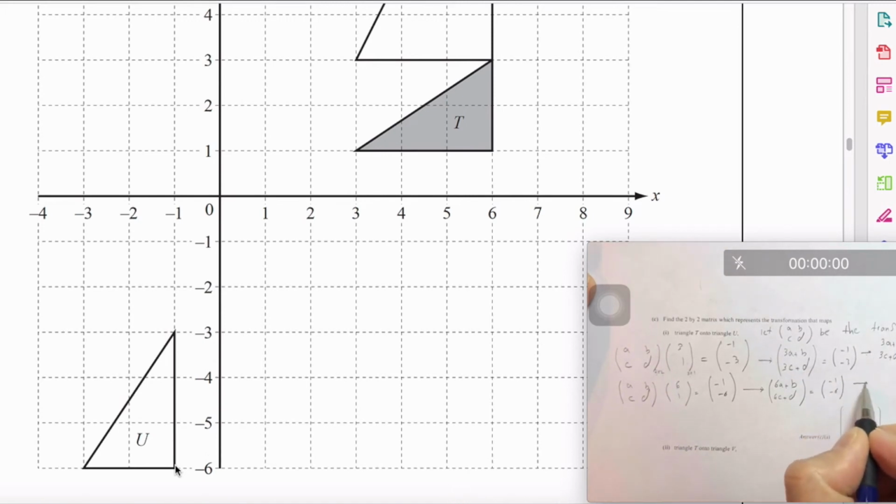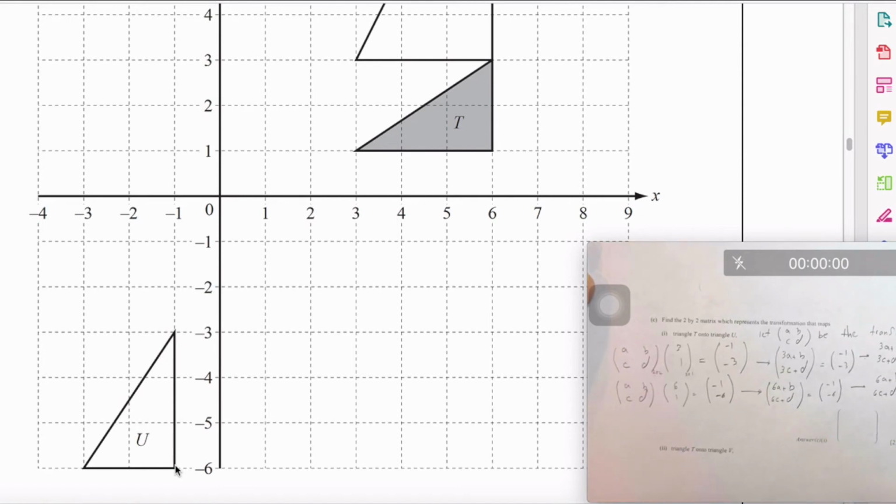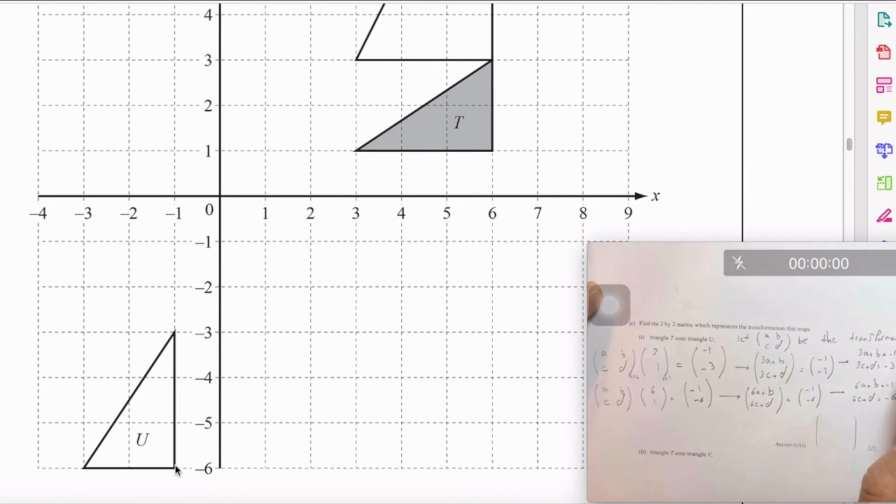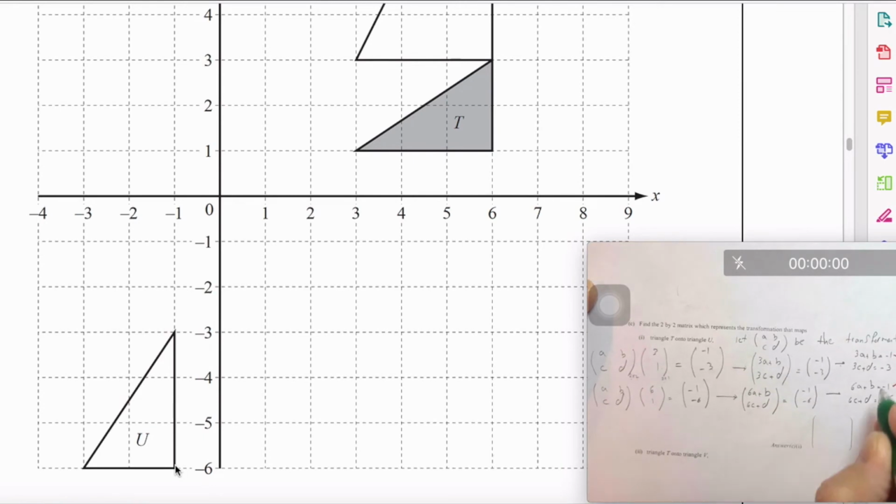So it will result in these two equations: 6a plus b is equal to -1, 6c plus d is equal to -6. Now you have 2 pairs of equations, but there are 4 unknowns, so I consider these two together because they consist of a and b, and these two together.